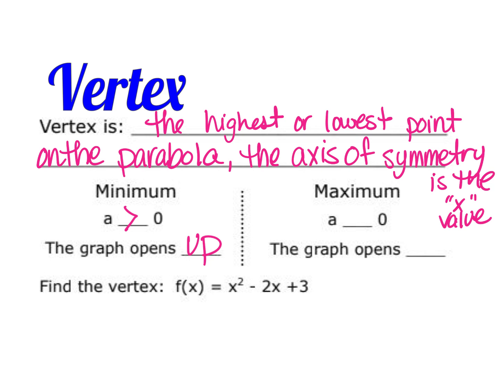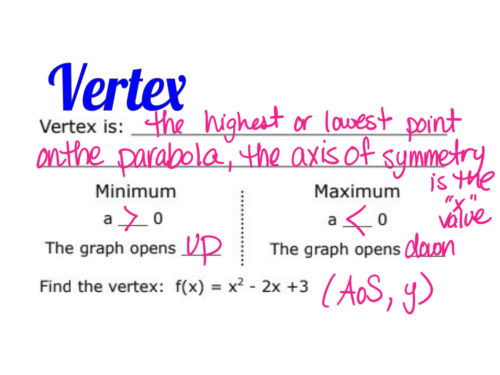For a maximum, a would have to be less than 0, and that means the graph opens down. Now we're going to come back and find the vertex, but in order to find the vertex, you need the axis of symmetry and the y value, and we'll look at that in just a moment. But be sure to write all this down.